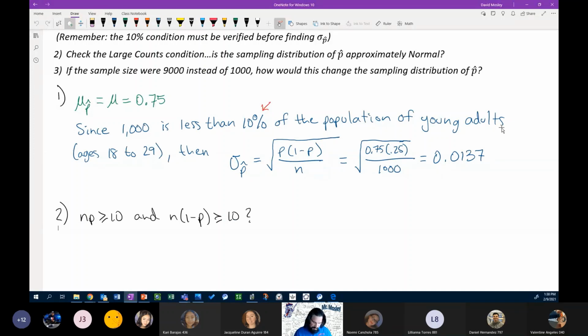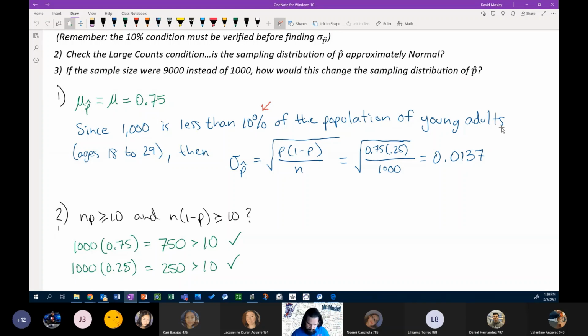Well, n times p is 1,000 times 0.75, which equals 750, which is greater than 10. So that one works. Then we get 1,000 times 0.25, which equals 250, which is greater than 10. So that works.